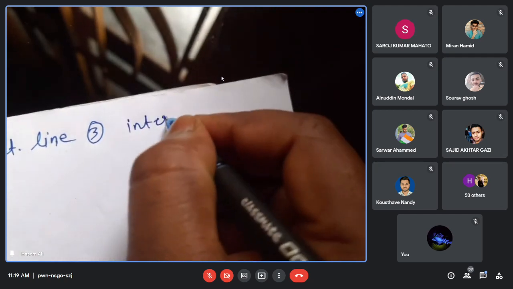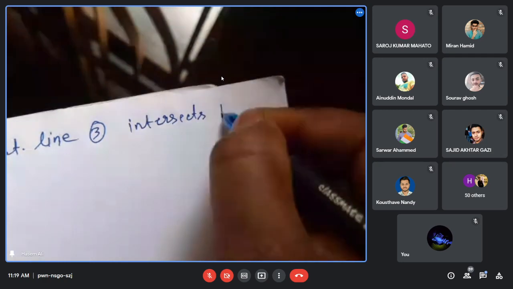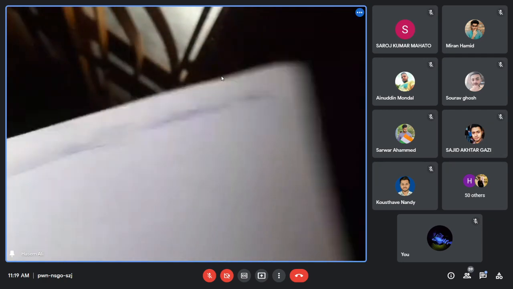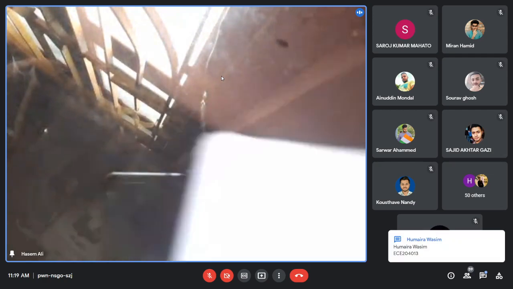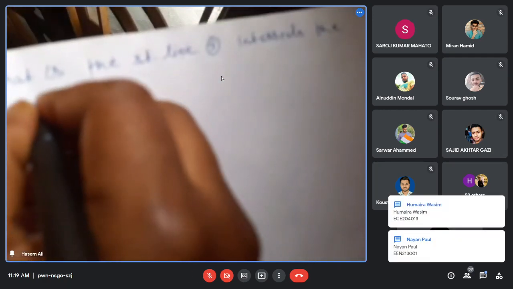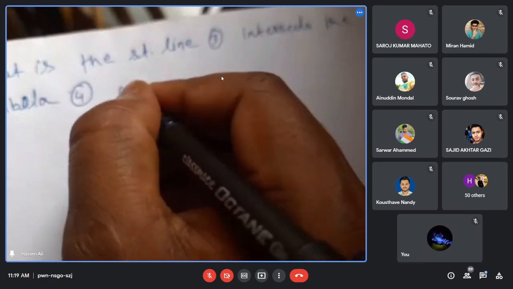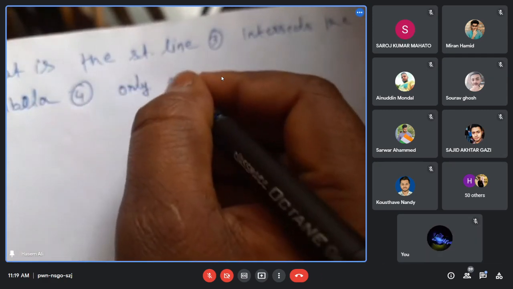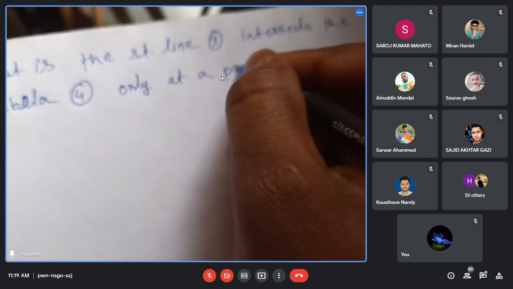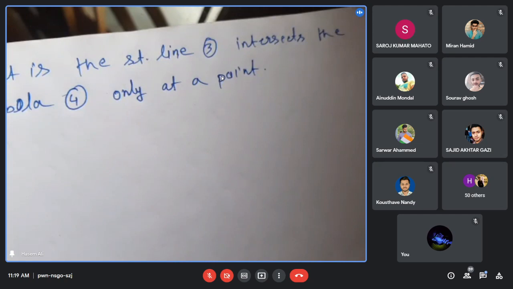The straight line 3 intersects, this is the equation of parabola 4, only at a point. The straight line 3 intersects the parabola only at a point.